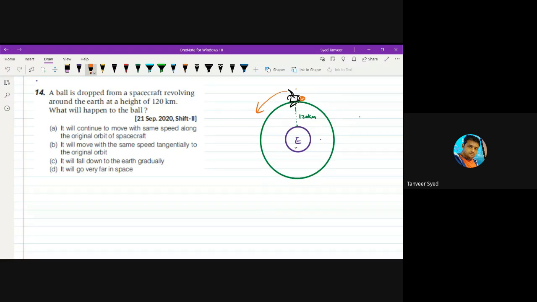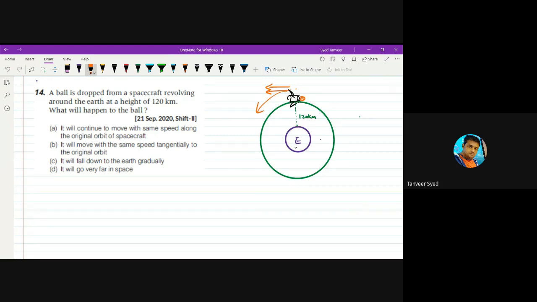The moment the ball is dropped from the spacecraft, initial velocity of the ball is equal to velocity of the spacecraft. In which direction? Spacecraft will be going in this direction at this point, and ball will also be having same velocity in the same direction.